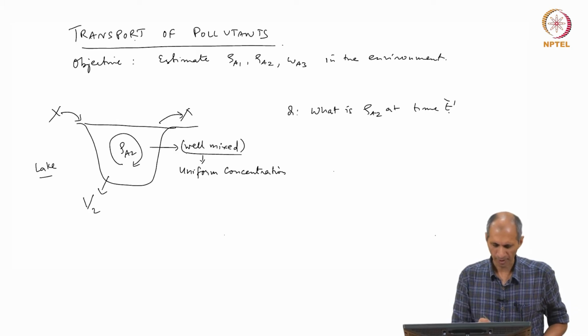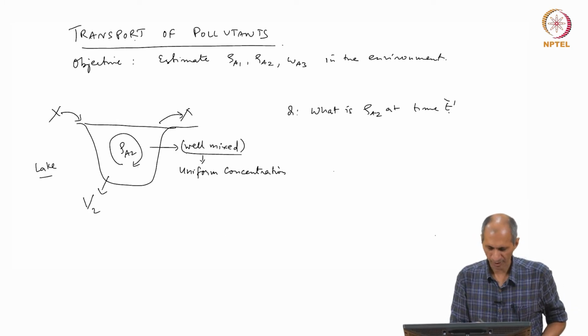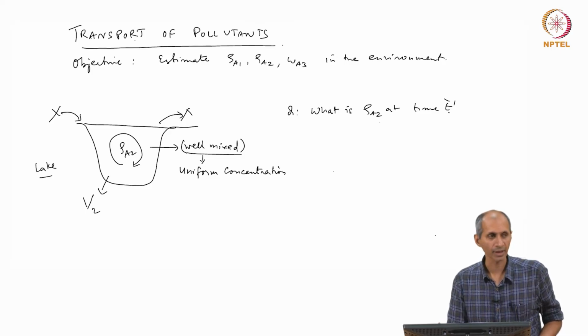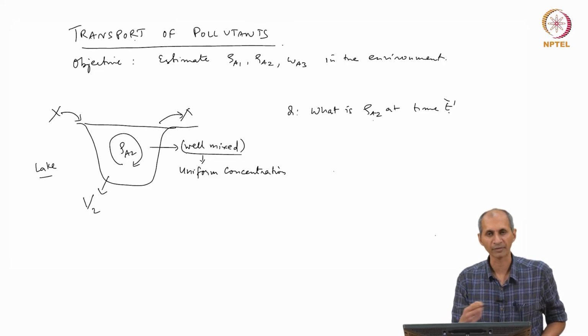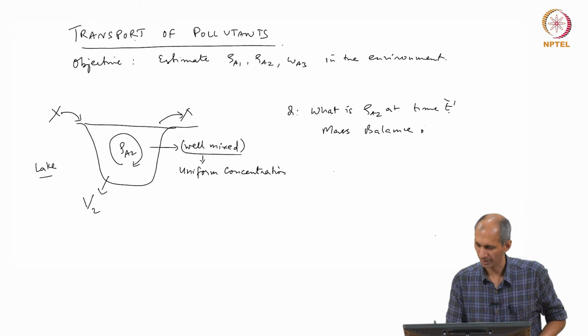In this problem, the concentration of A in this water will only change if something is going away from the system, or something is being added to or lost from the system. So, we invoke the mass balance of A in the system.